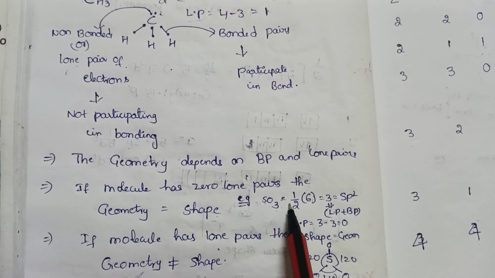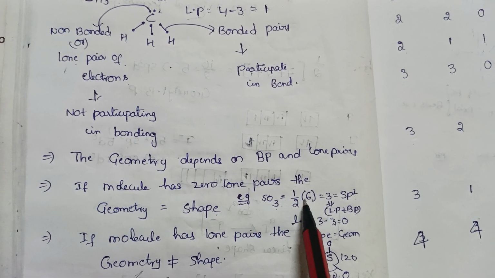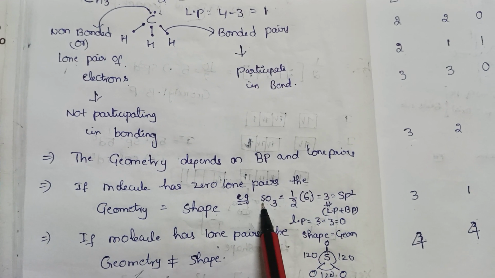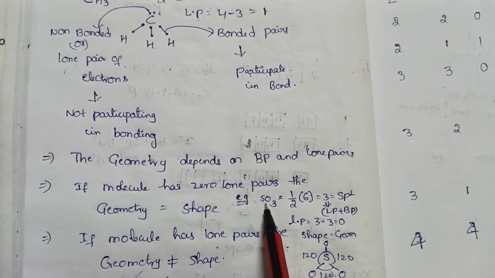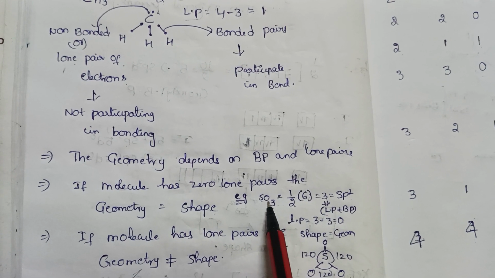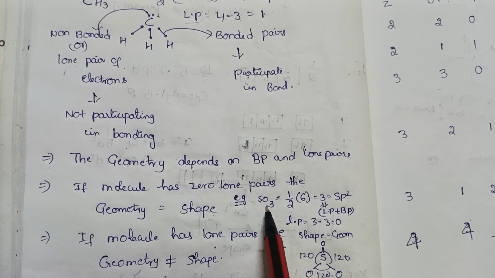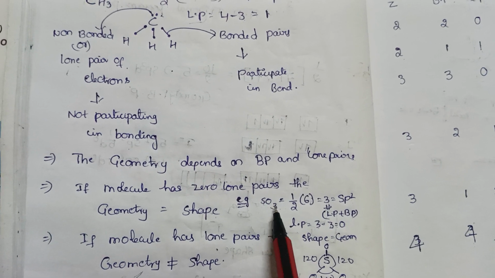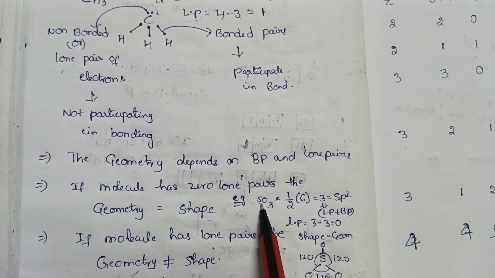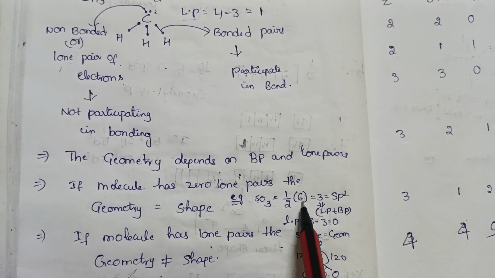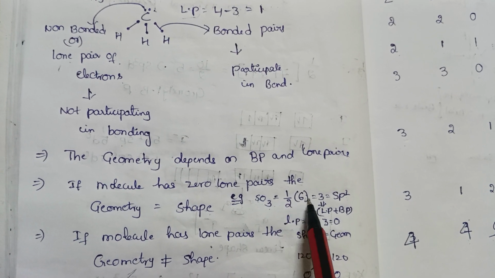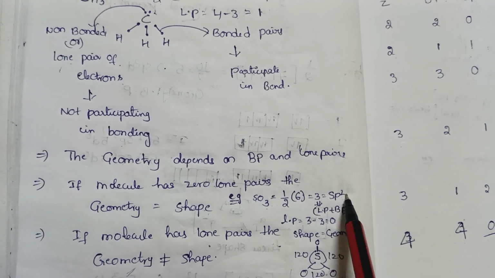Example, SO3: 6 valence electrons are present in sulfur. In the SO3 molecule there is no charge, meaning no positive or negative charge, and no monovalent atoms present. So 1 by 2 into 6 equals 3, which is sp2 hybridization.